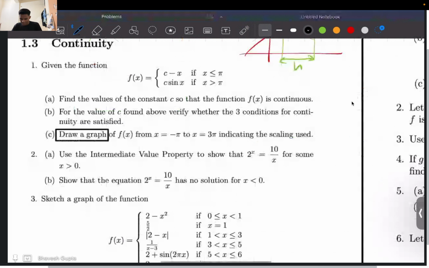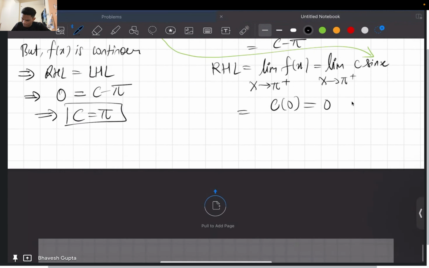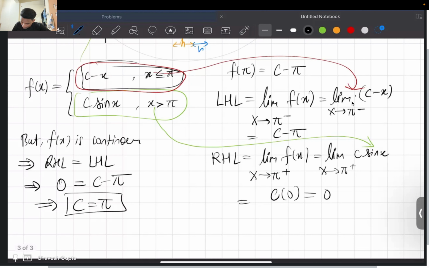And in the next part, they have asked me to take the value of c found above and verify whether the three conditions for continuity are satisfied. The three conditions are that, first of all, my function is defined at x equal to pi. Yes, it is defined.